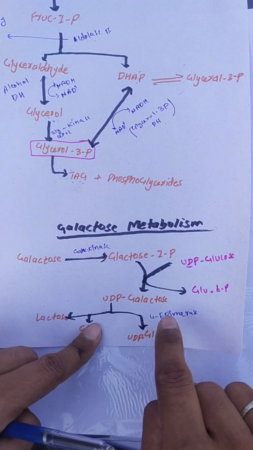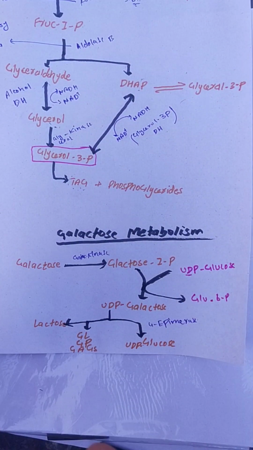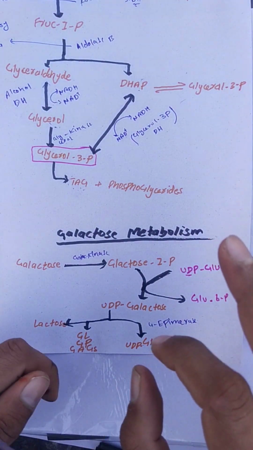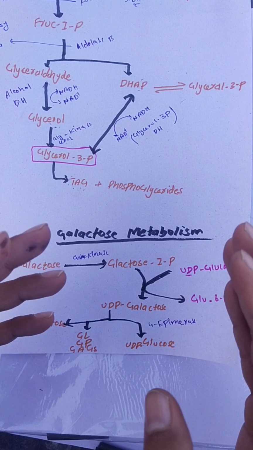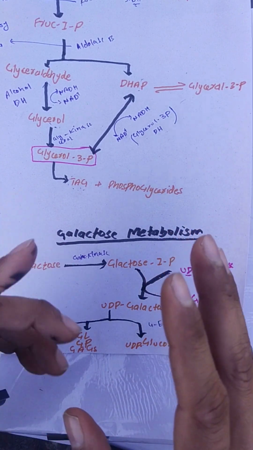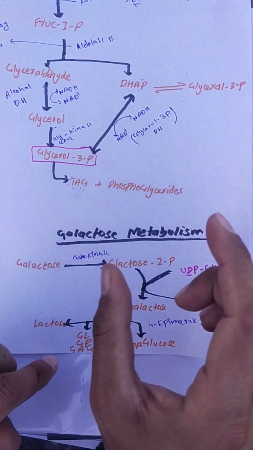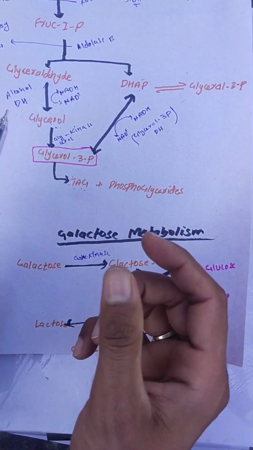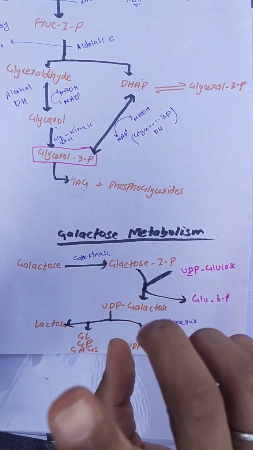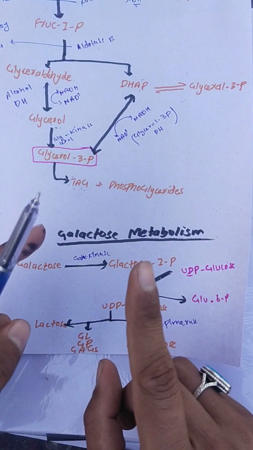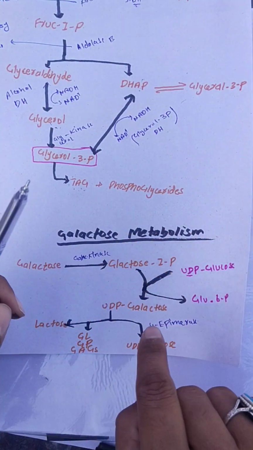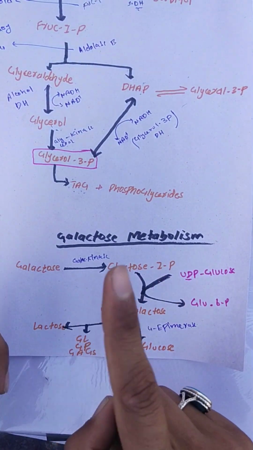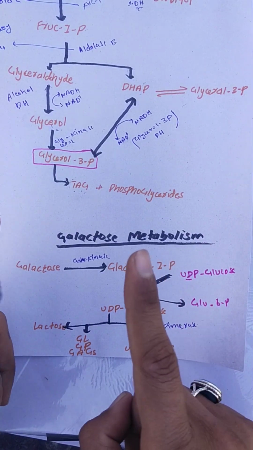So epimers are those compounds which have the same structural formula and differ in only one carbon. This is called epimerization. So glucose and galactose have the same formula. The only difference is that the hydroxyl is on the right side in glucose, but in galactose it is on the left side. So we have only one difference between the glucose and galactose structures, which is carbon number 4. That is the reason we call this 4-epimerization, and if we want to convert glucose and galactose, the enzyme should be 4-epimerase.